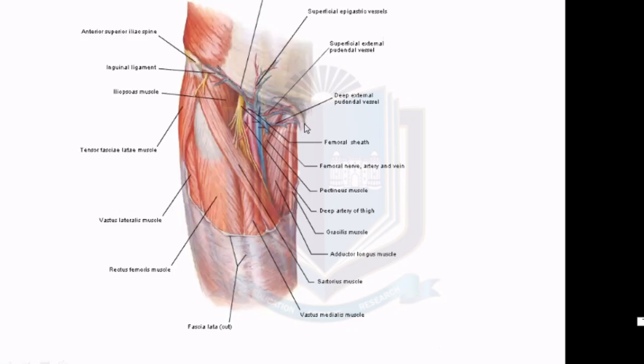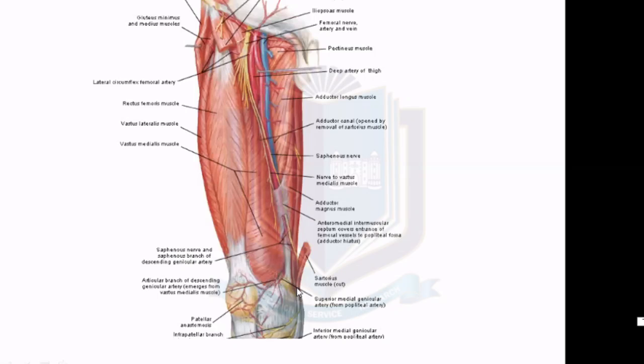And similarly, the same veins that would be accompanying these arteries would return back and drain into the femoral vein. Clear? Now, quickly going through the muscles in the anterior compartment of thigh, which are total 4 in number or 5 in number.